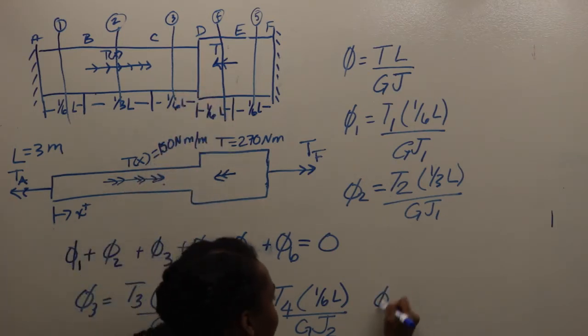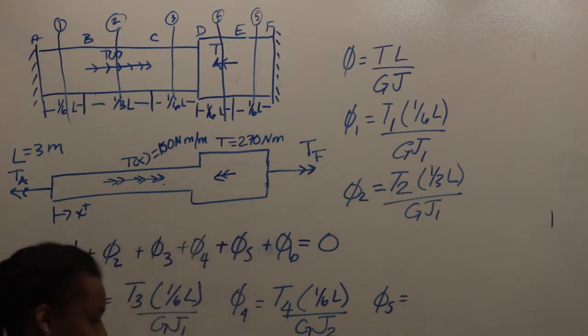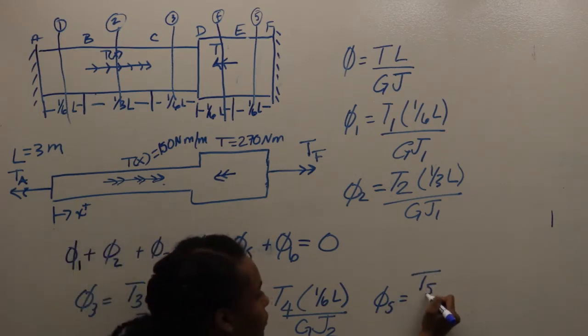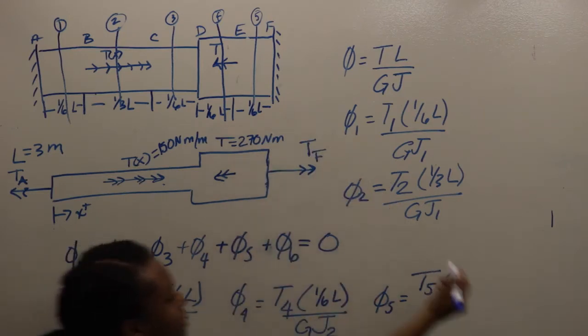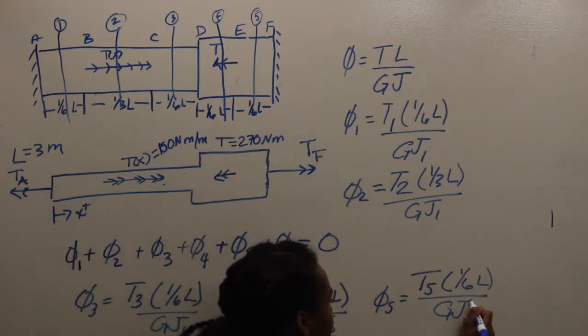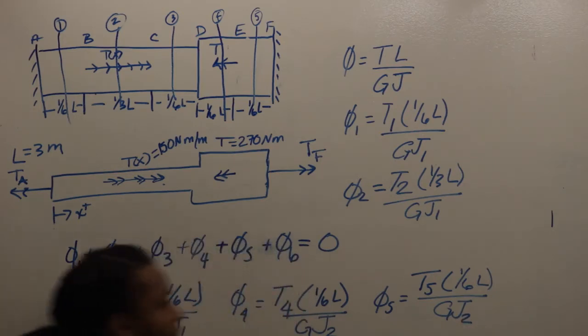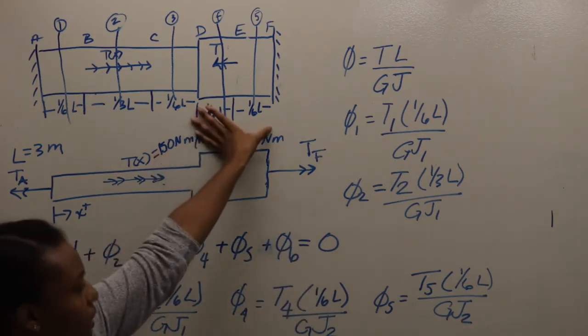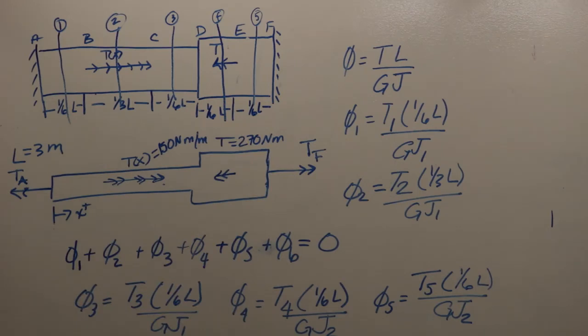And 5 equals the reactive torque in 5, 1/6 L, over G, and 5 is in the second bar, therefore it's the polar moment of inertia of that bar.